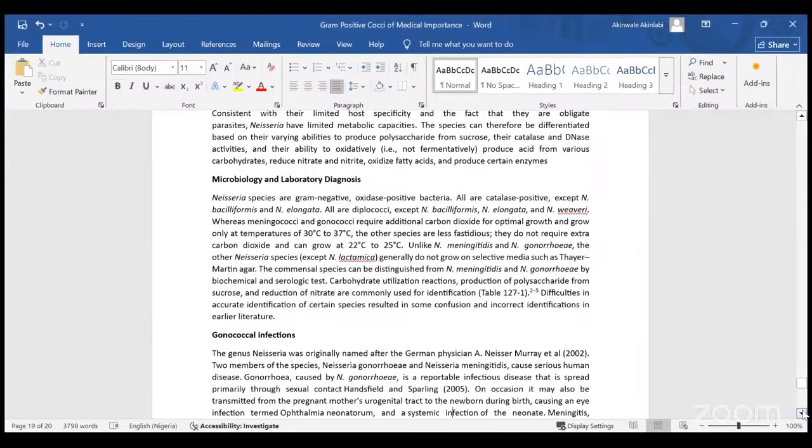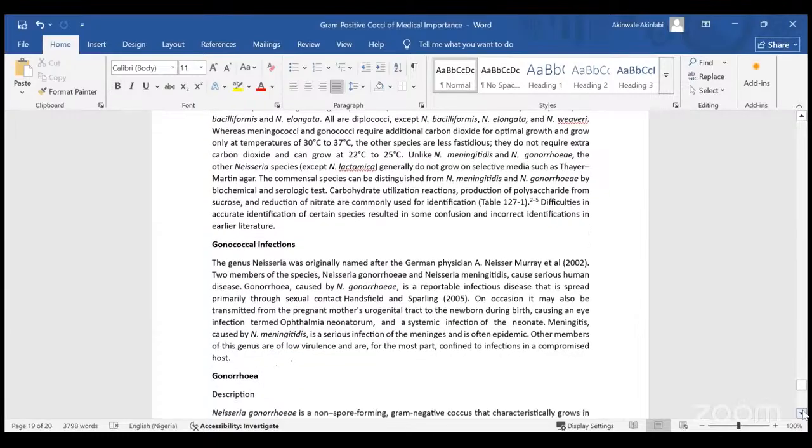Now let's go to gonococcal infection. The genus Neisseria was originally named after the German physician A. Neisser. Two members of the species, Neisseria gonorrhoeae and Neisseria meningitidis, cause serious human diseases. We have talked about this before. While Neisseria gonorrhoeae is spread primarily through sexual contact, Neisseria meningitidis is a disease of the meninges.